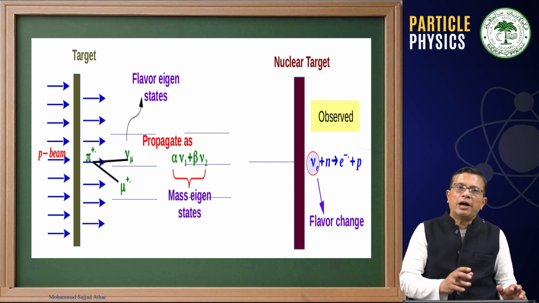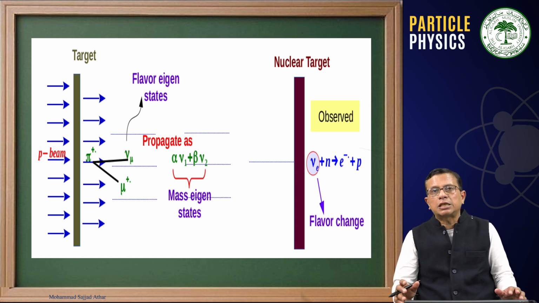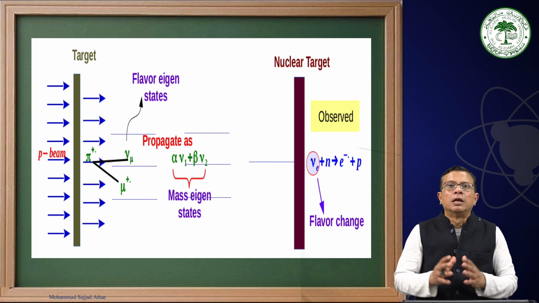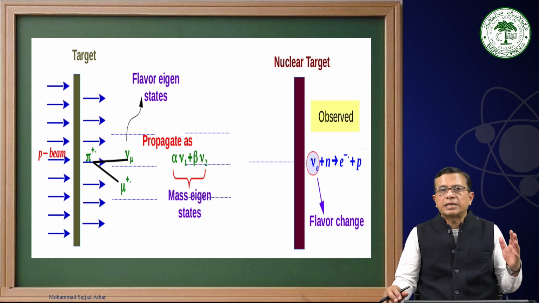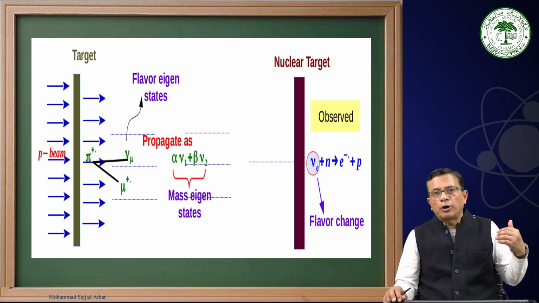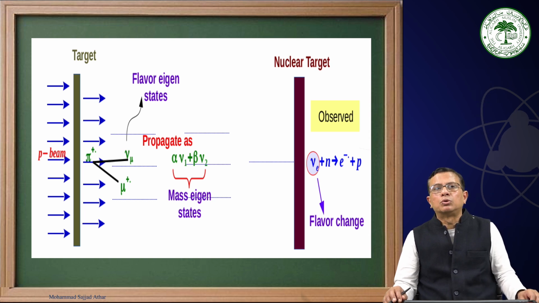Therefore, we have an appearance experiment in the accelerators, a disappearance experiment in the accelerators, and the probability of oscillation will depend upon the distance the neutrinos travel. As I told you in the last class, the T2K experiment has the beam from Tokai being taken to Kamiokande.